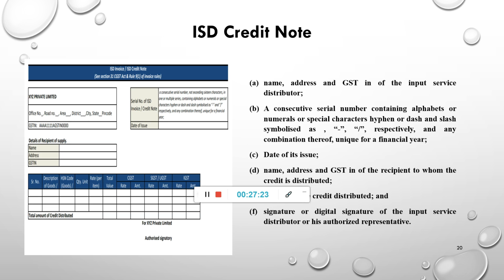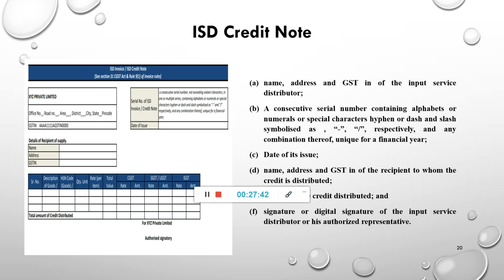Where the input service distributor is an office of a bank or financial institution, including a non-banking financial company, a tax invoice shall include a document in lieu thereof, by whatever name called, whether or not serially numbered, but containing the prescribed information.